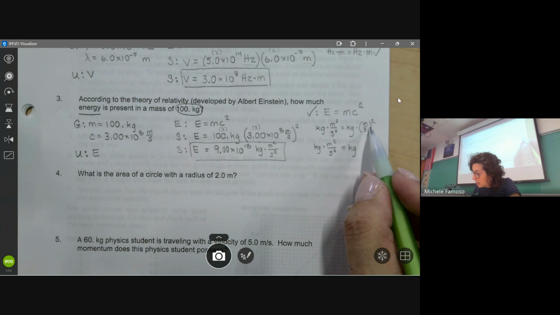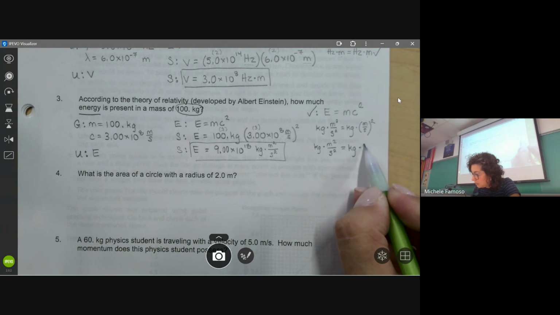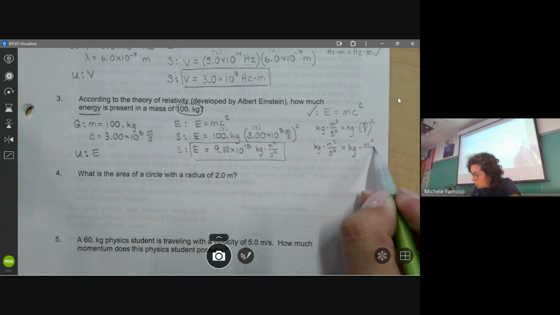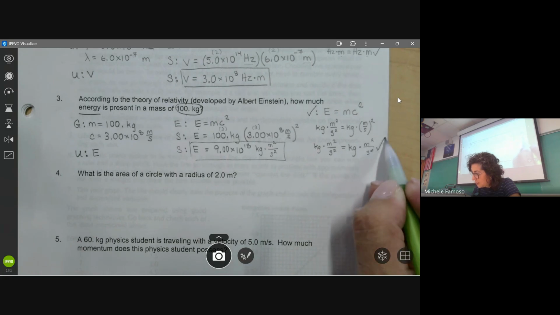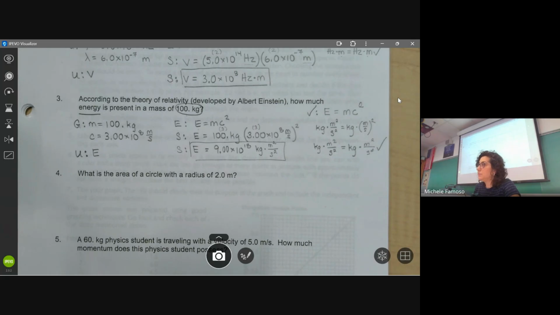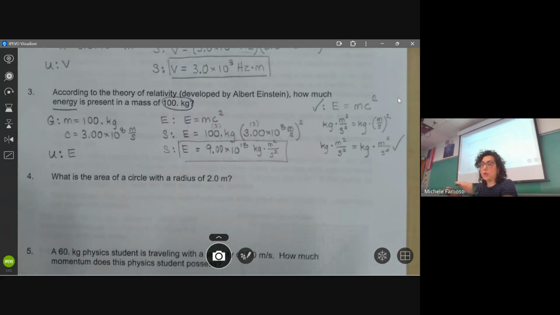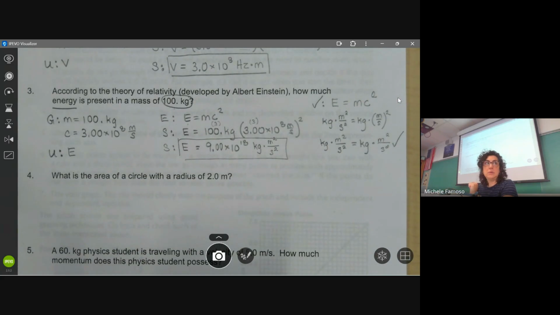When I square an m over s, what do I get? M squared over s squared. That now checks. So there was one additional step that we didn't have in the other problems. Are we good so far? Yes? Okay, let's go on to number 4.